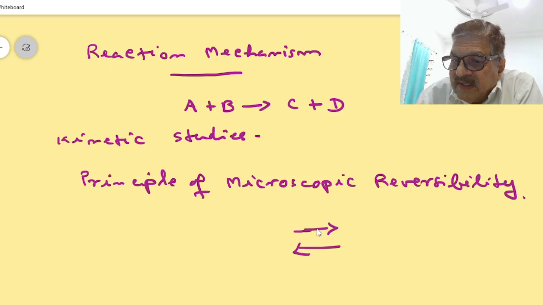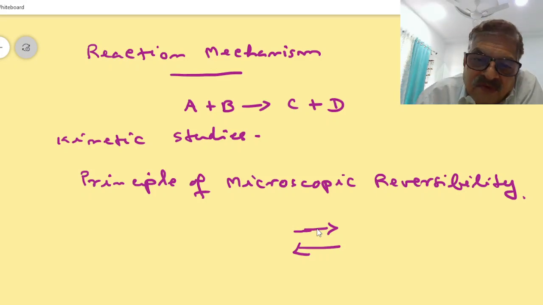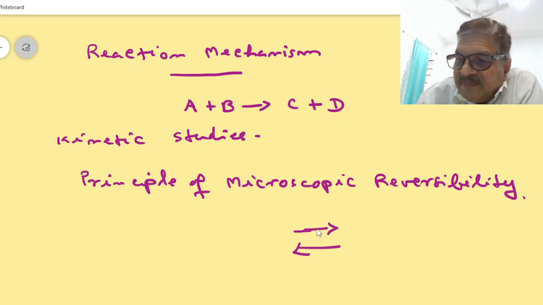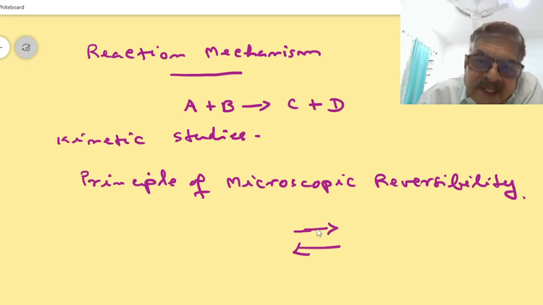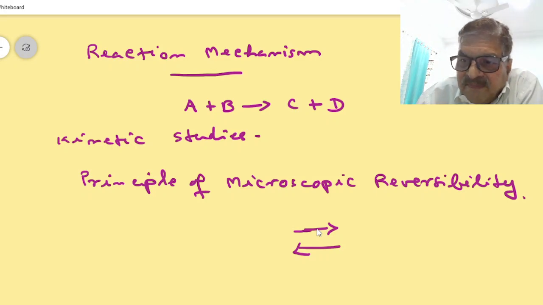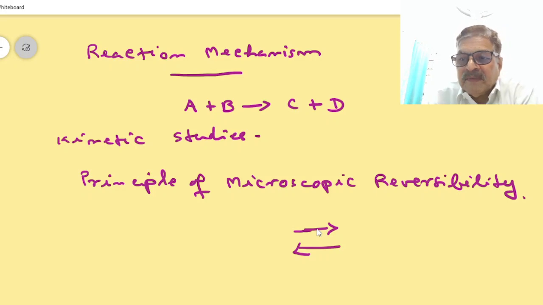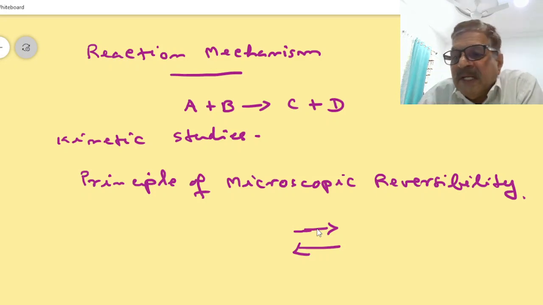The product that is formed most rapidly will be the one that predominates. Which product predominates depends upon the speed, that is, how fast it is formed. The most rapidly formed product will predominate.